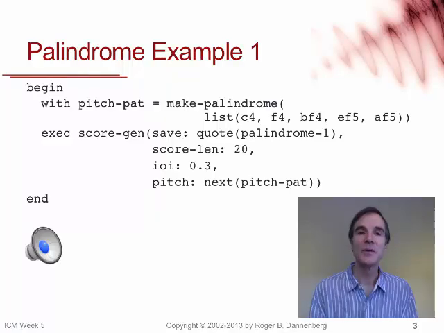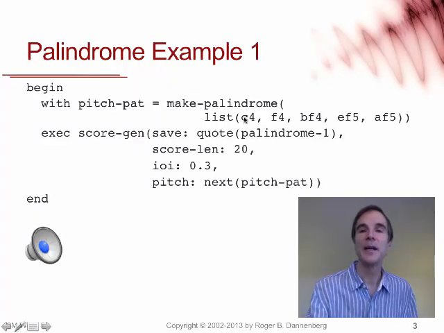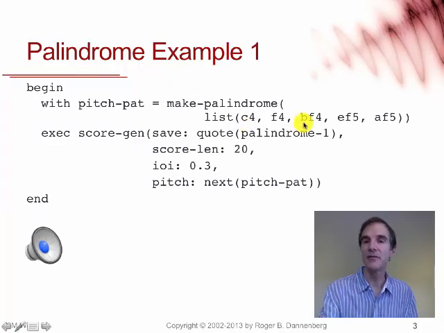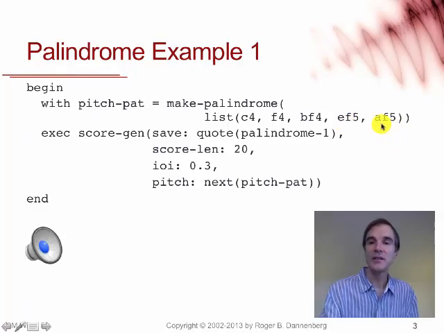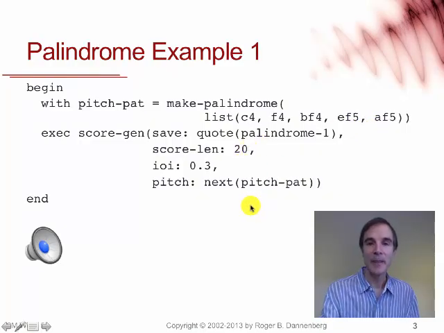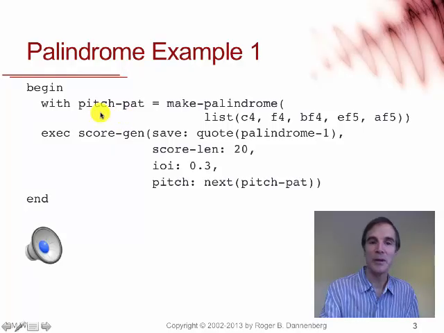So here's an example of a palindrome. We're passing in pitches C, F, B flat, E flat, A flat with no elision, so we'll hear the first and the last elements repeated. The score length is 20, and same pattern as before. We create the pattern object, and we reference it by calling the next function in an expression within ScoreGen.